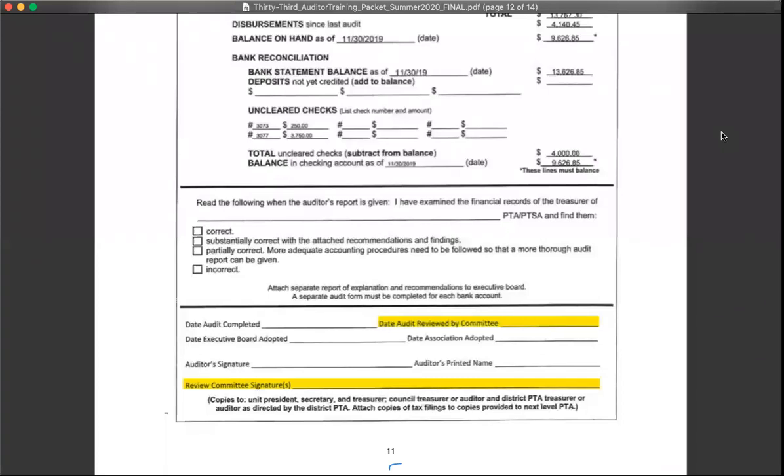So this is what you would check off if you have several findings. For example, some check requests are missing, they didn't turn in their minutes, bank recs are missing. If it seems like they're not following the rules, they're not exercising care.